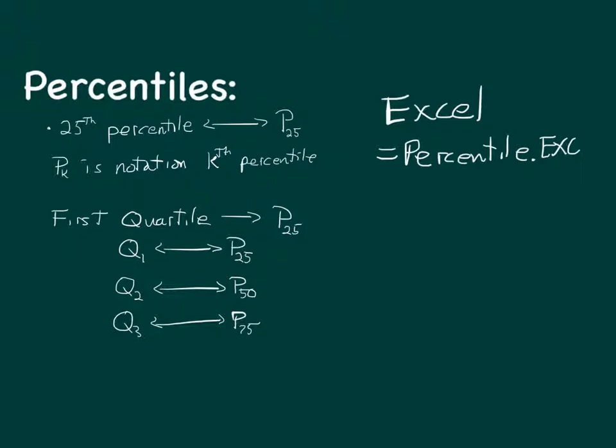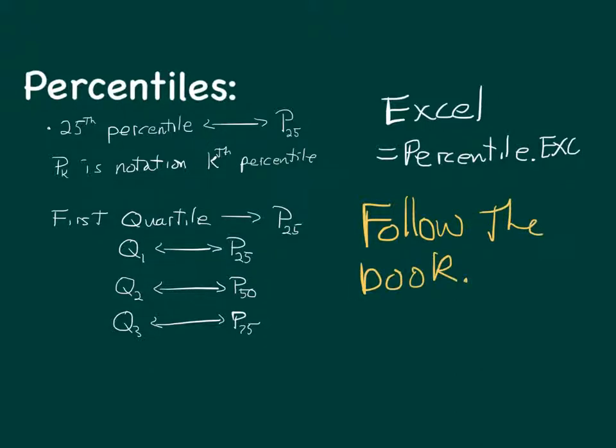There's a little bit of variability in the ways that you can compute percentiles, so make sure that you follow the book. Those are the percentiles that we're going to want to use. So follow the book just for consistency.